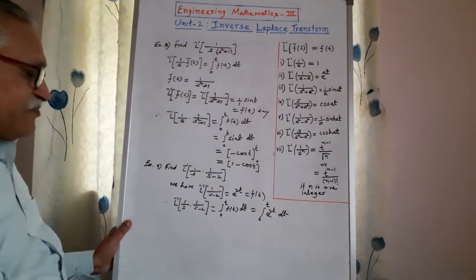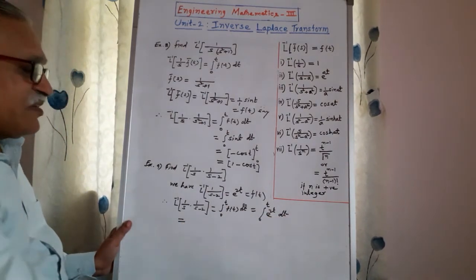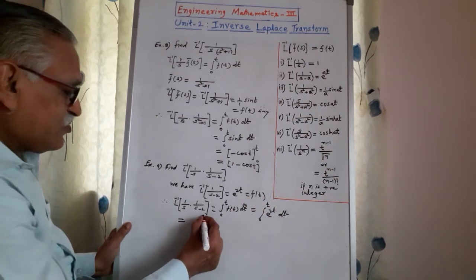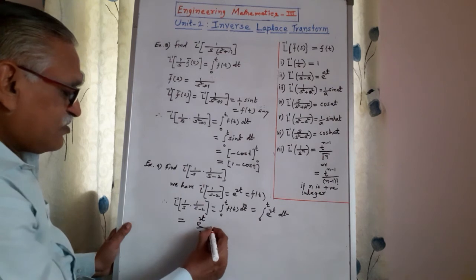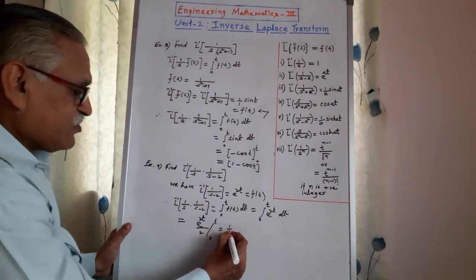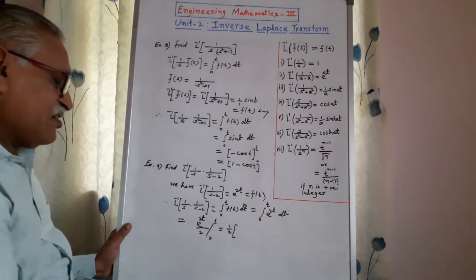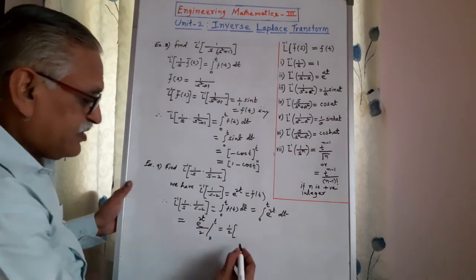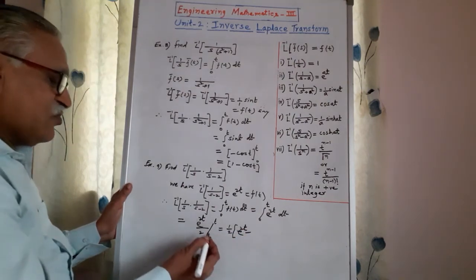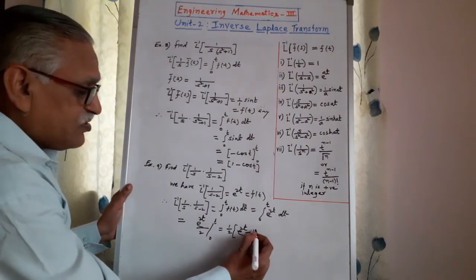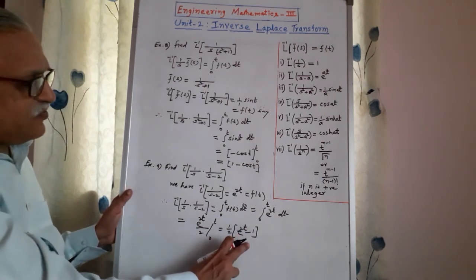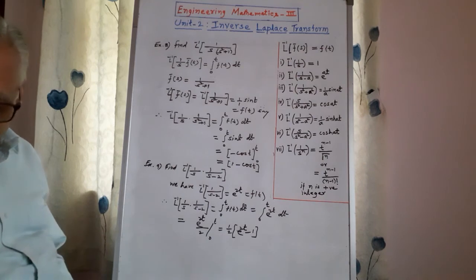Integrating this with respect to t, we get e raised to 2t by 2, limit from 0 to t. 1 by 2 constant outside, upper limit minus lower limit: upper limit becomes e raised to 2t, minus lower limit e raised to 0, which is 1. And this is the required inverse Laplace, or the required answer.